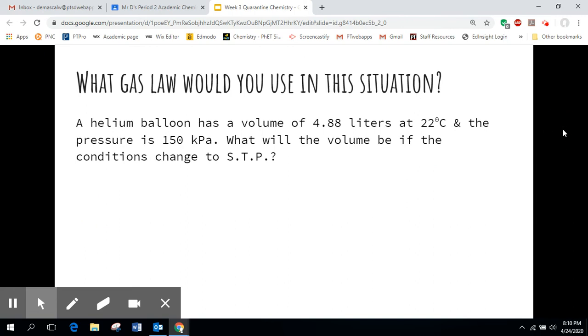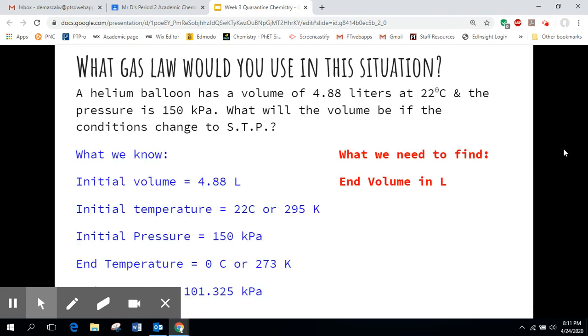What about this one? There's a helium balloon, volume 4.88 liters, temperature 22 Celsius, or 295 K. Pressure of 150. Oh, so there's a volume, a temperature, and a pressure in this one. And then what will the volume be at standard temperature and pressure? So this is what they gave us.